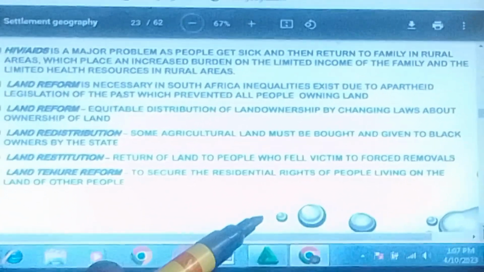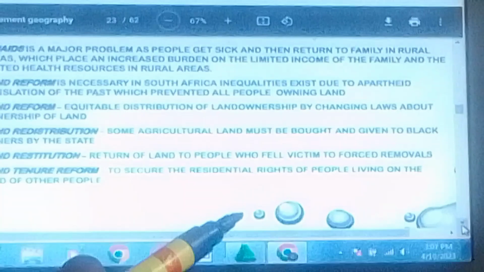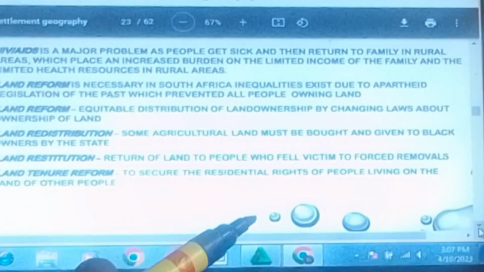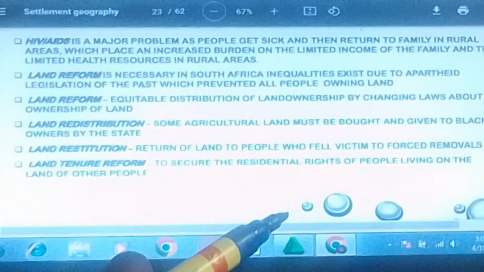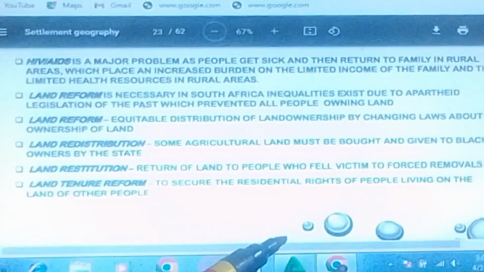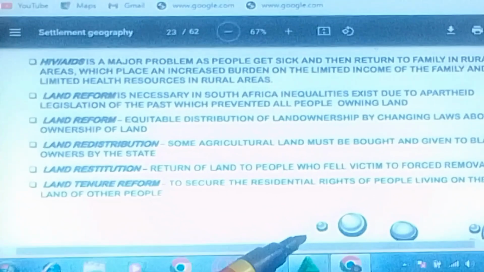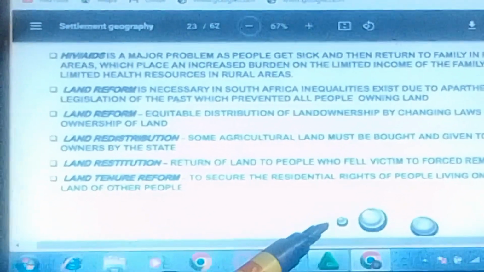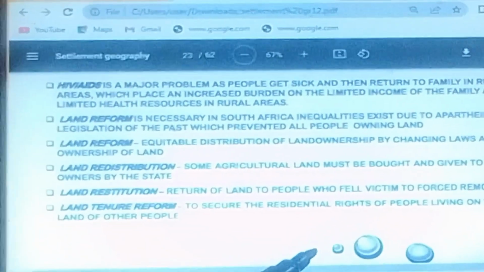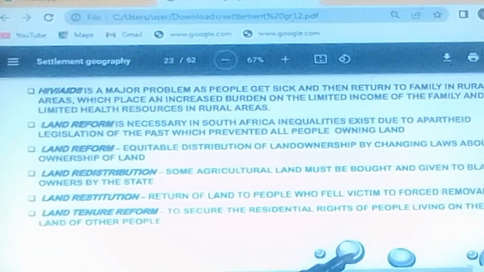Rural areas also need to address issues of land reform that is necessary, because in South Africa, inequalities exist due to apartheid legislation of the past, which prevented all people owning land. Land reform, equitable distribution of land ownership by changing laws about ownership and land. We also need to concentrate on land distribution.